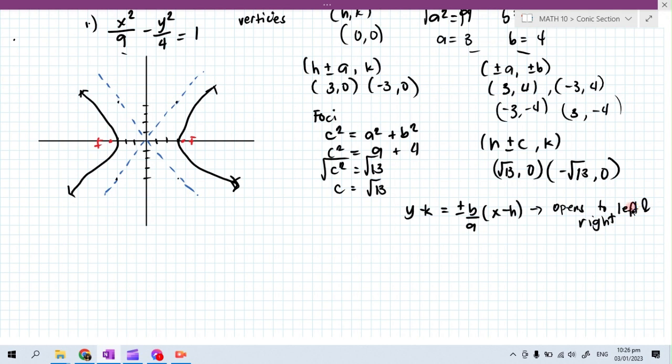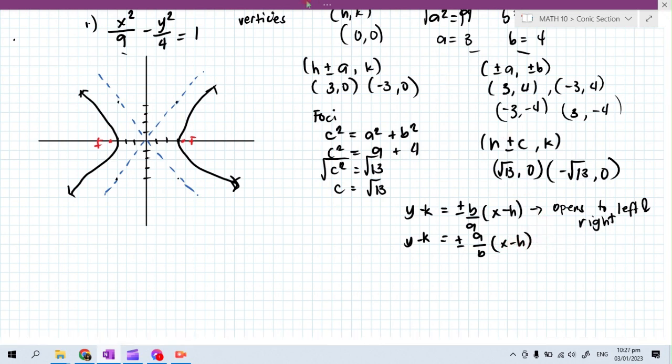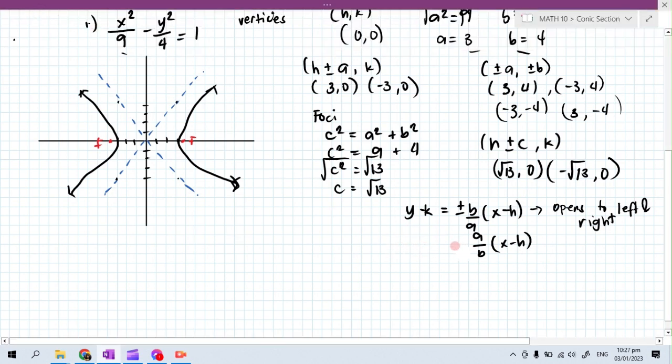In the case that it opens up or down, the formula that we'll be using is y minus k is equals to plus minus a over b times x minus h. Now, since our hyperbola opens to the left and right, we'll be using the first formula instead.